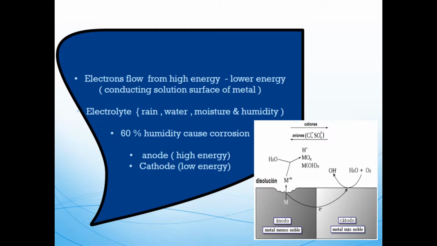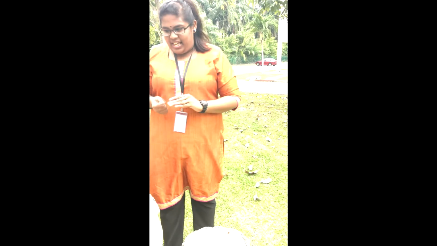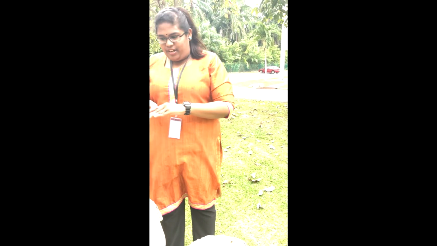Even 60% humidity can cause corrosion. Anode, as we know, is high energy where the electrons leave and enter the electrolyte. Meanwhile, cathode is lower energy, where electrons leave the electrolyte and return to the metal.